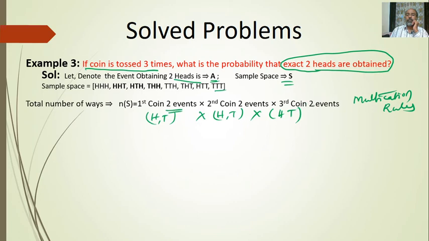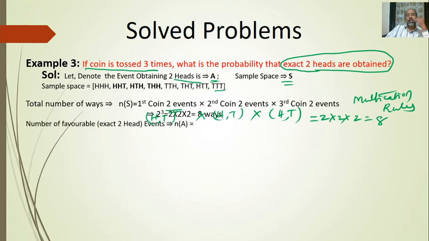So third coin also having 2 events. So hence 2 into 2 into 2, 2 to the 4, 4 to the 8. N of S is equal to 8. Okay, so must be careful while calculating this one.